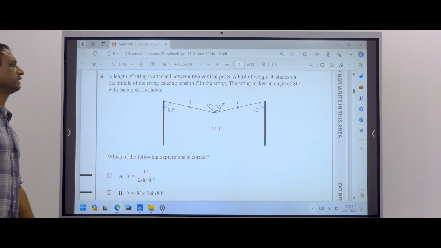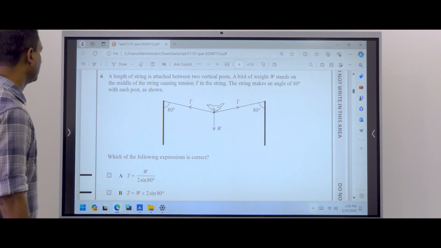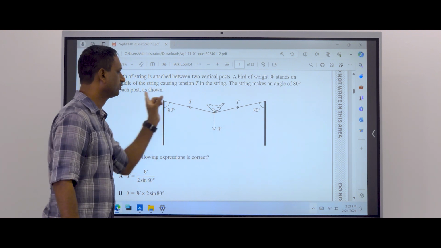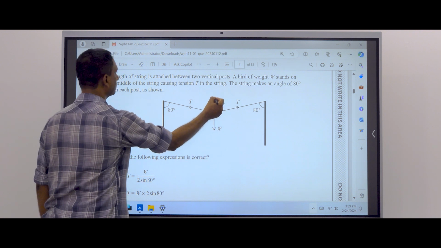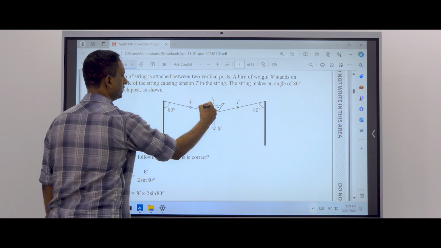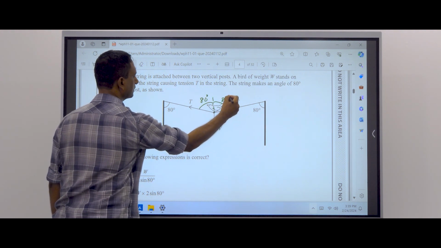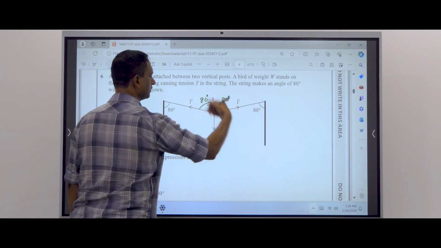A length of string is attached between two vertical posts. Actually, no need to read the question. You can see that tension forces are acting this way. And if I draw, this is 80 degrees and this also 80 degrees, because alternate angles here.